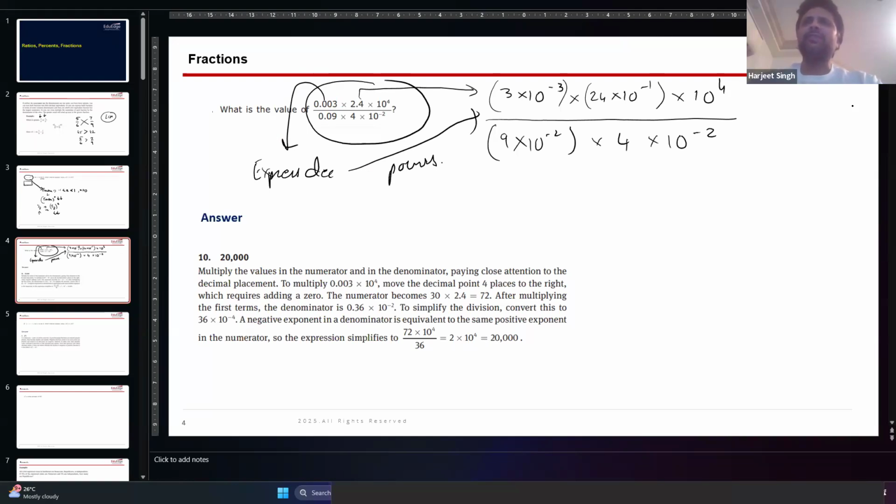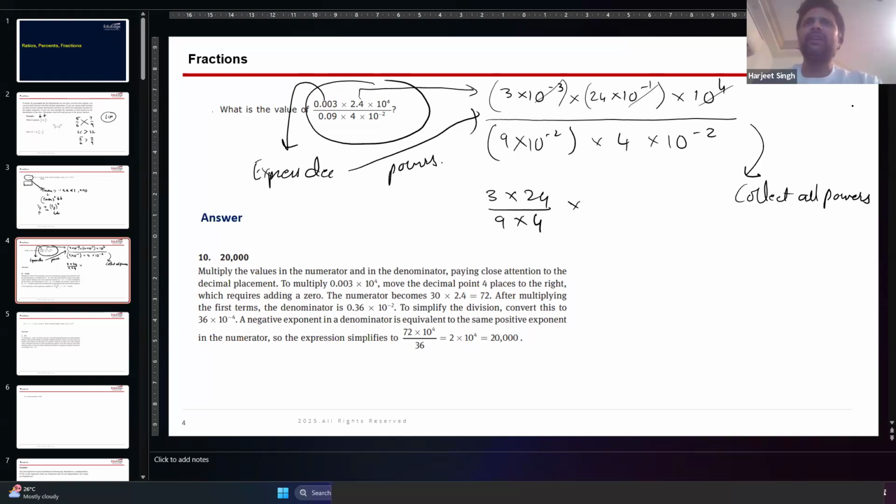And then the next step will be to collect all powers and the numbers. So clearly this will be 3 into 24 divided by 9 into 4, and then all the powers. So 10 to the power minus 3, minus 1, and 4 will get cancelled out here.